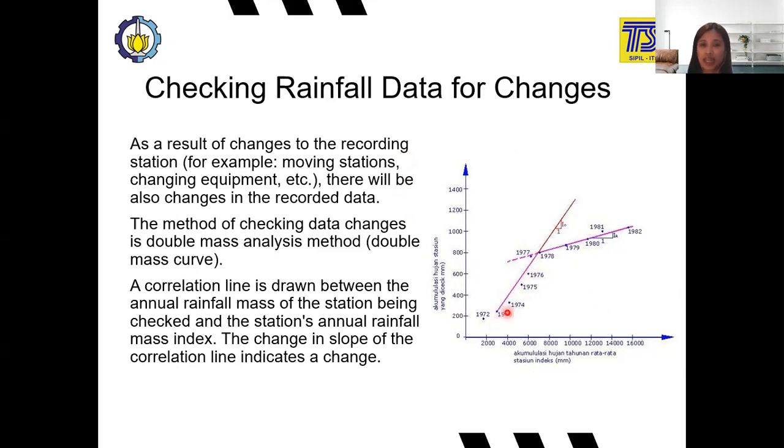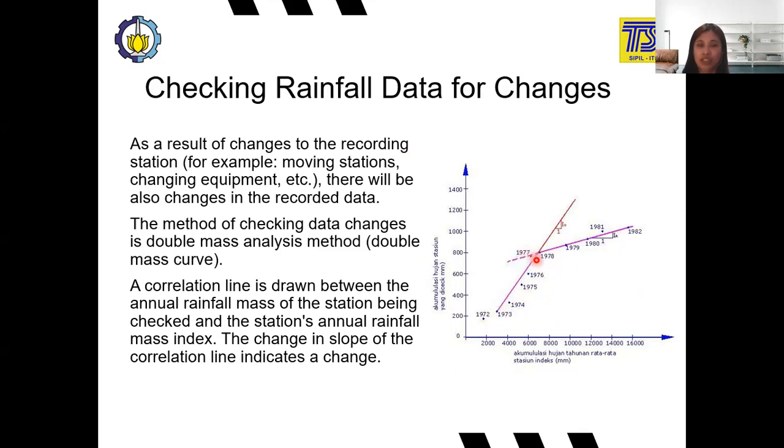Like here we have the line. For example, in year 1978, they changed the equipment, and from here we have the rainfall data from year 1972 until 1977. And then after 1977, there's a change in the equipment.